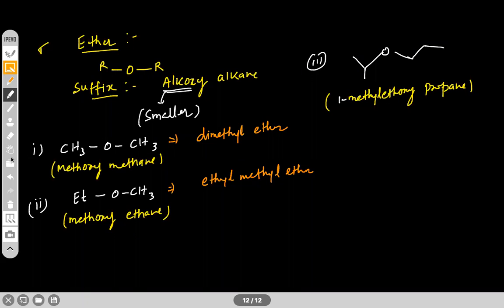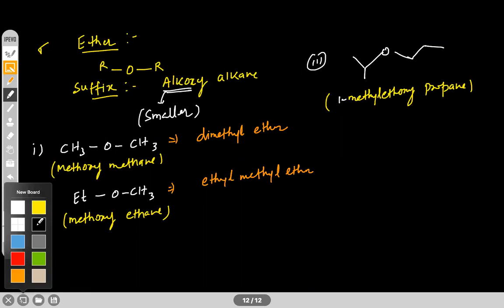Okay. Now one last functional group we have, that is anhydride. Write down, anhydride, it is the combination of 2 acids.